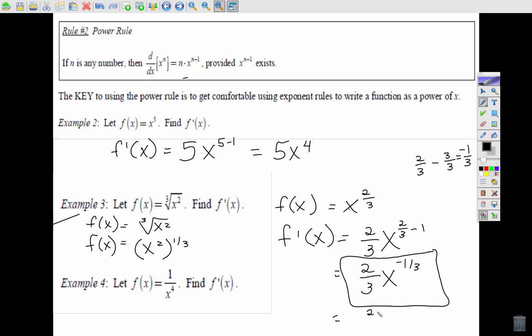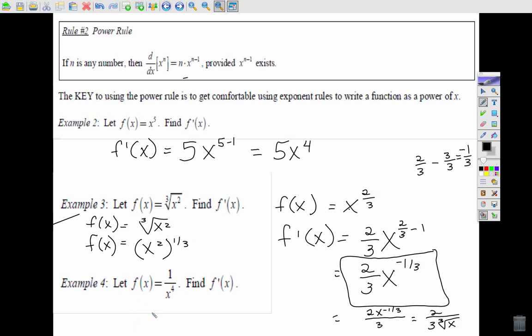You could also rewrite this in so many ways. You could say 2 times x to the negative 1/3 power over 3, or you could say 2 over 3 times the cubed root of x. Just many, many ways you could write this.